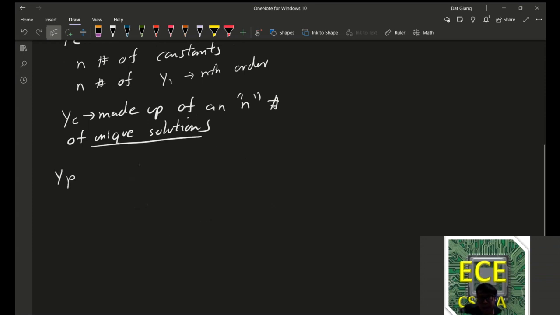Now, yp depends on what kind of function you are given. If it's something polynomial, something exponential, something sine or cosine, and to keep it consistent, let's say in terms of t, if it contains one of these four, they are easy to solve.